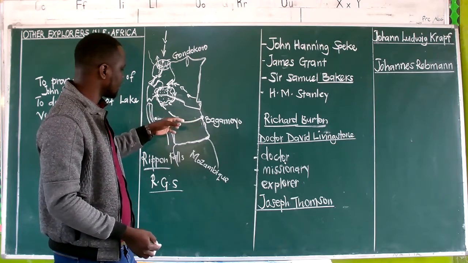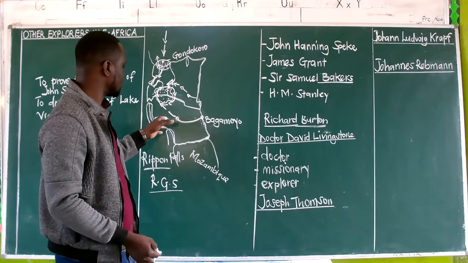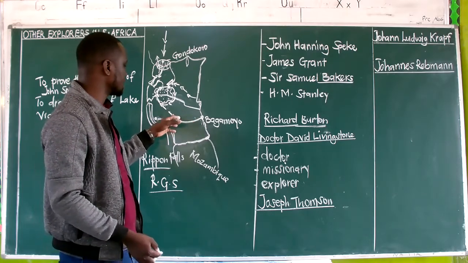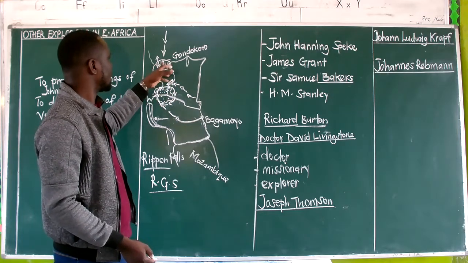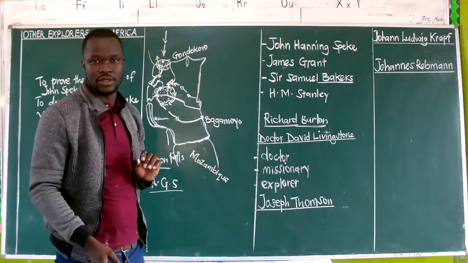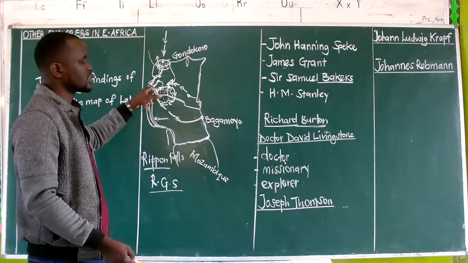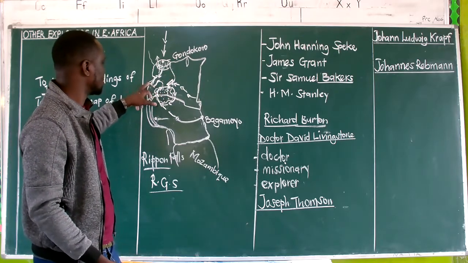We have John Speke and Richard Burton, and then we have also John Speke, on the same route with James Grant. And Speke continued, and he met Sir Samuel Baker, who was coming from the mouth of River Nile. When he was told about the findings, he crossed to western Uganda, and he went to Bunyoro.